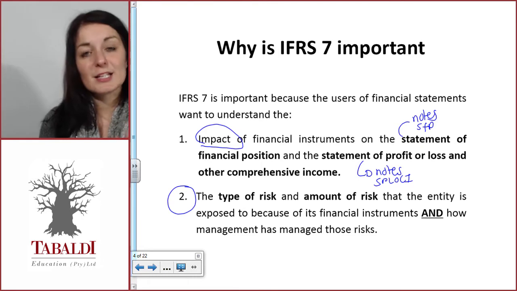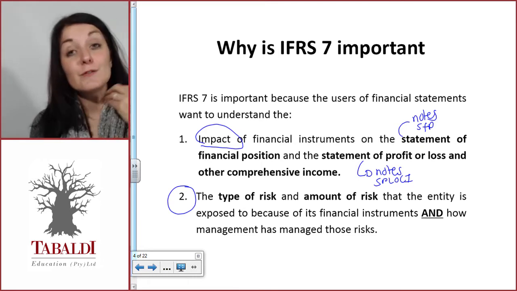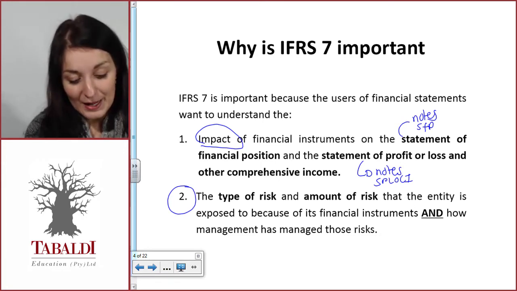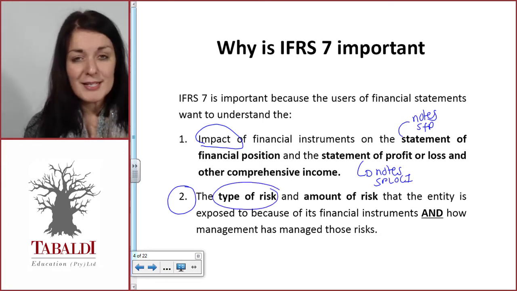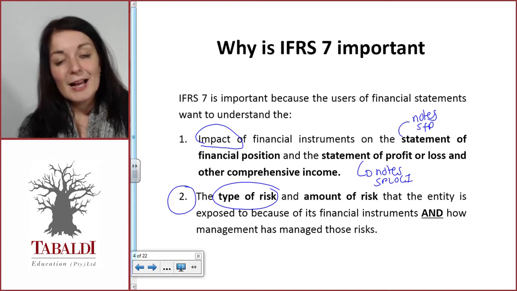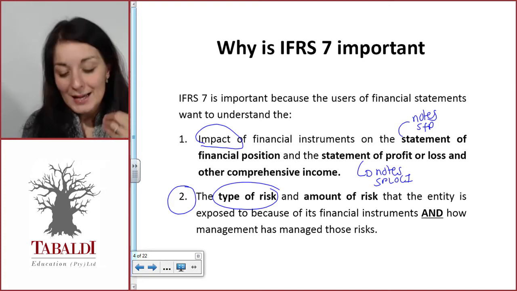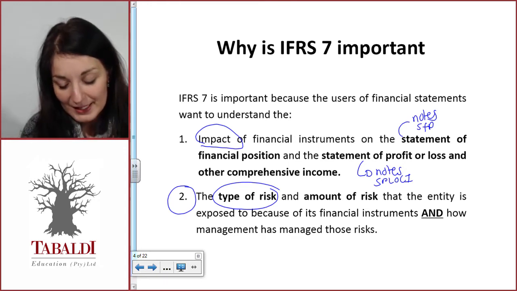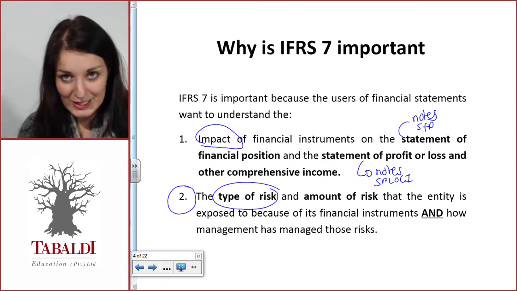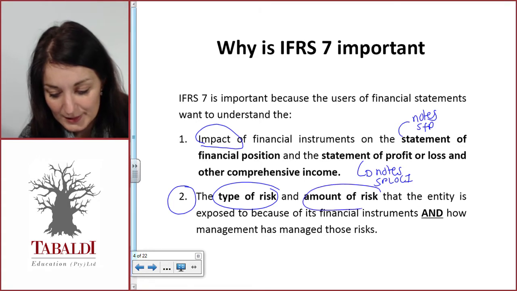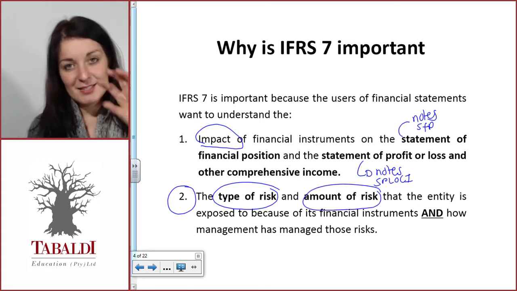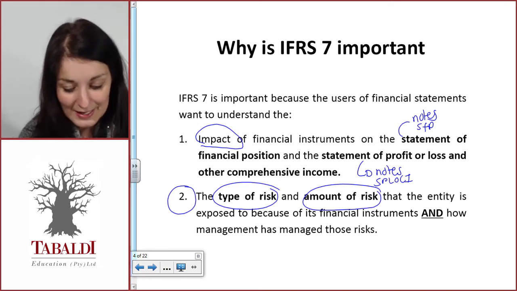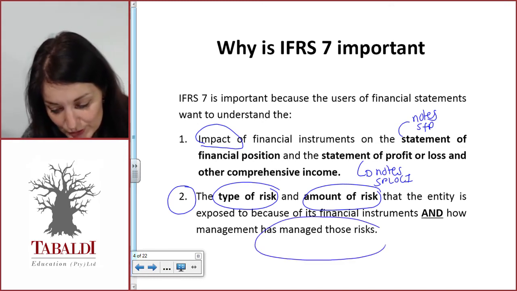Financial instruments expose the company to various risks, and we need to tell the users about those risks, the type of risk that the user is exposed to, and also the amount of those risks. So where in currency is the effect allocated of these risks. And in addition to that, and this is very important in terms of the conceptual framework, how does management manage those risks?